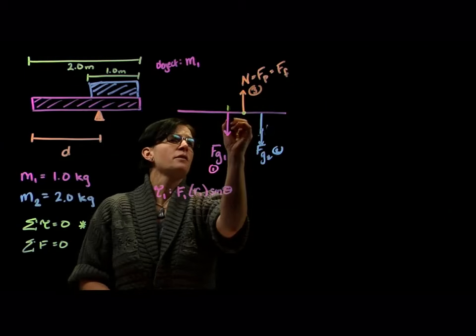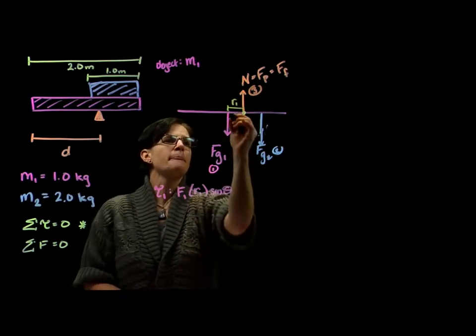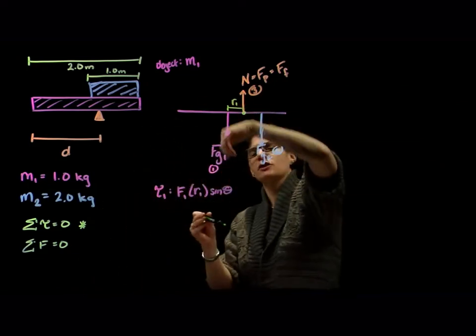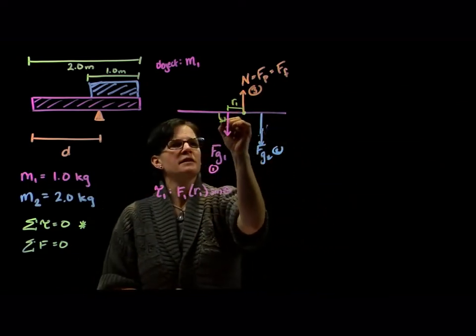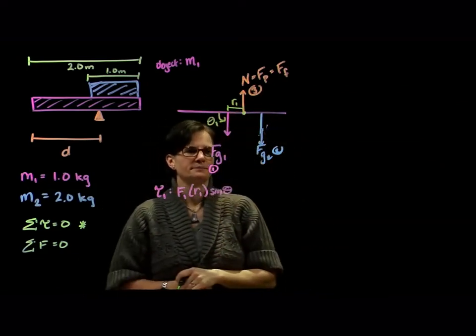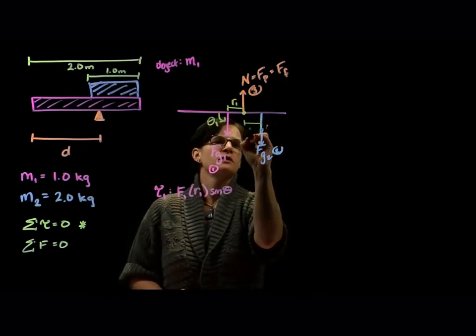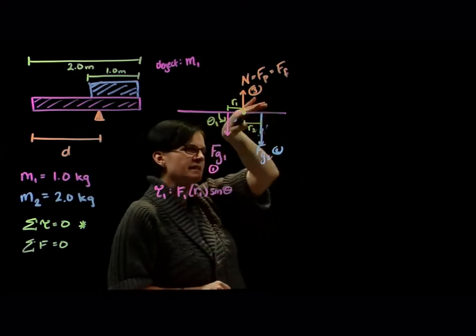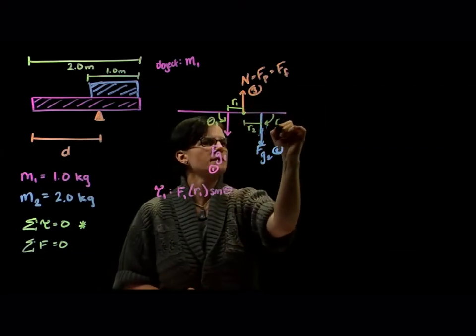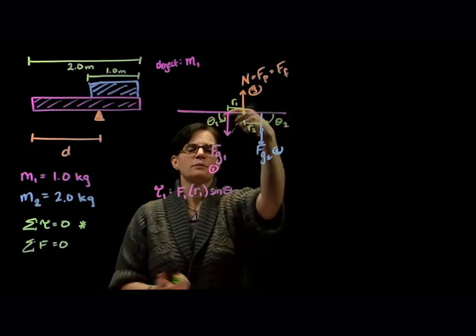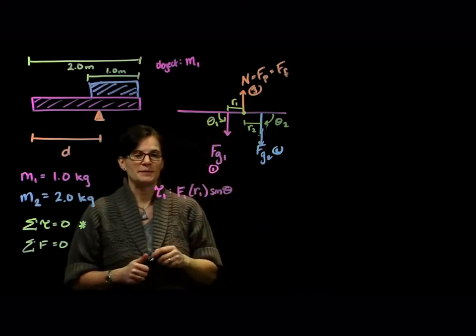The distance from the pivot point to the force is r1. We extend that radius, curl to the force. This becomes theta 1. The distance from the pivot point to the force is r2. We extend that radius, curl to the force. That becomes theta 2, and we don't have a radius for force 3.